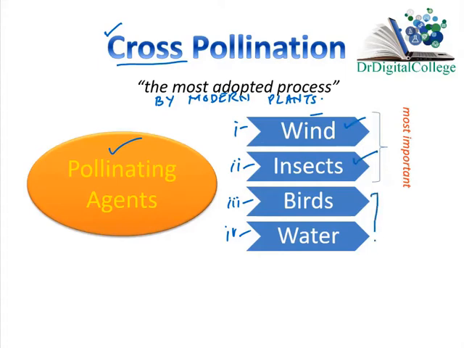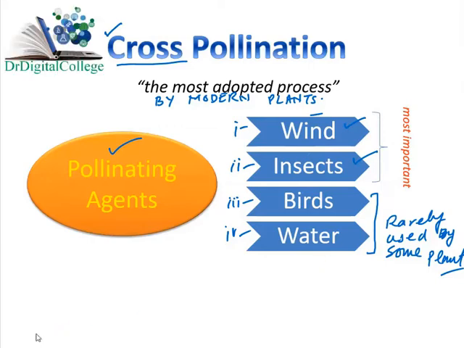Birds and water are rarely used by some of the plants. They are not used by most of the plants. So here we will study how wind pollination is performed and how insect pollination is performed.